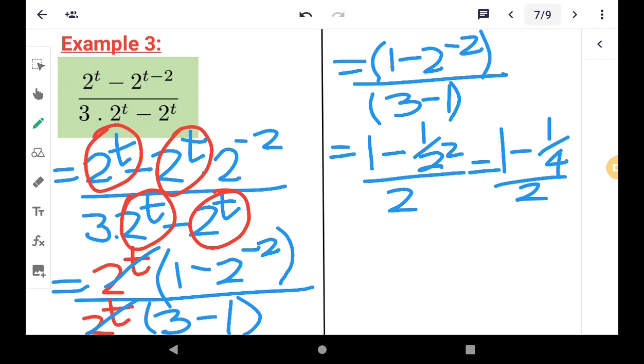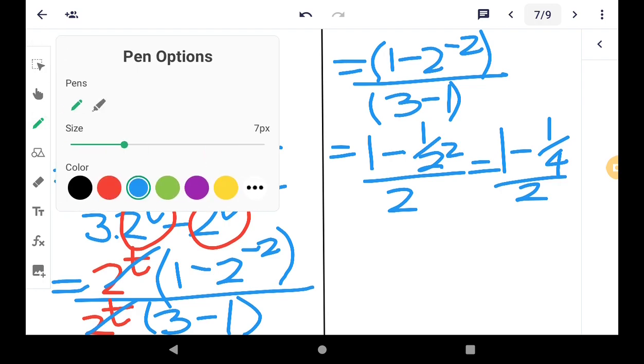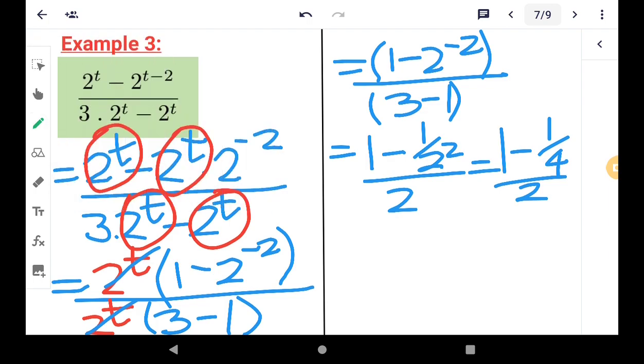Now you add the fraction. How do you add the fraction? Side note, 1 minus 1 over 4: your LCD is 4, so you have everything as your LCD, that's 4 minus 1.